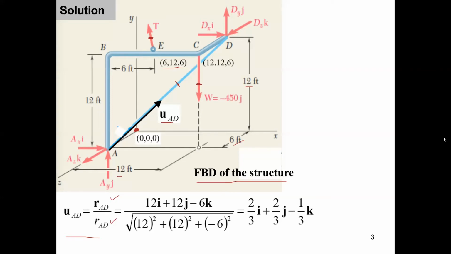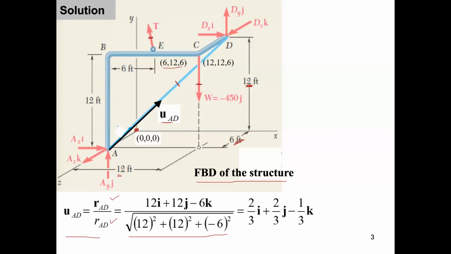The position vector AD is 12 in I plus 12 in J minus 6 in K. The magnitude of this position vector is the square root of 12 squared plus 12 squared plus negative 6 squared.